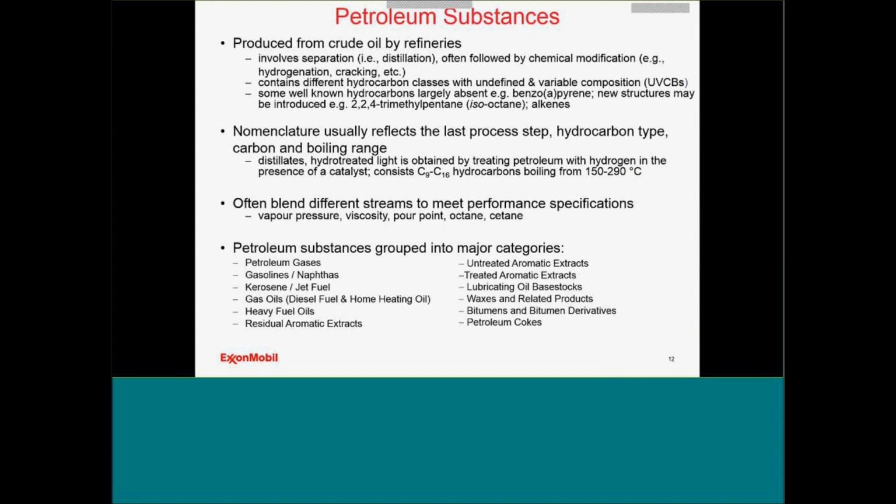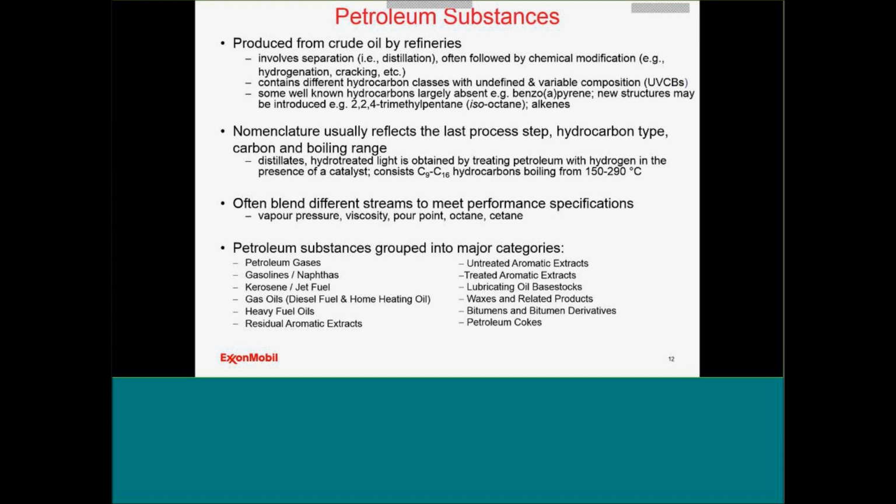This next slide provides a summary of some key facts related to petroleum substances. First, these substances are produced from crude oil by refineries. This involves separation via distillation, which is then often followed by a variety of chemical modifications. The petroleum substance contains different hydrocarbon classes with undefined and variable composition, and these are referred to as UVCBs.